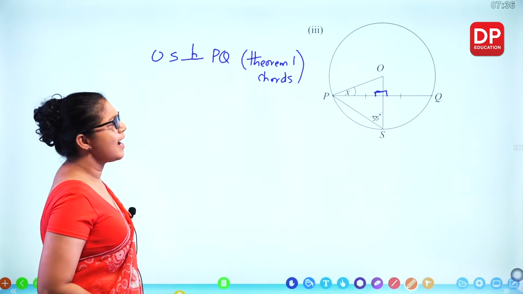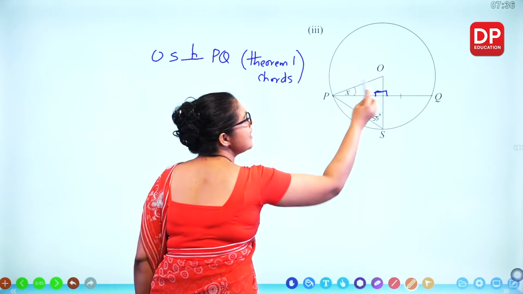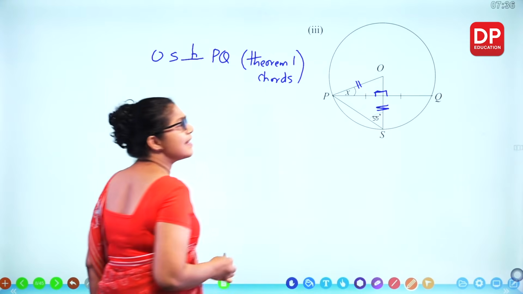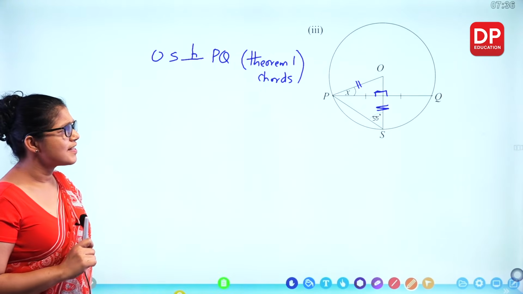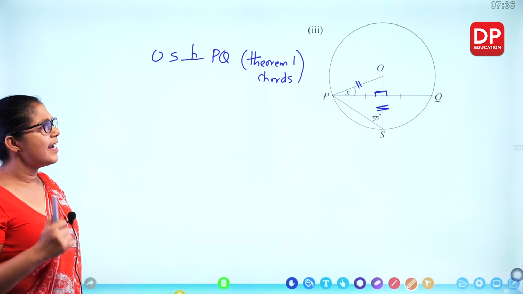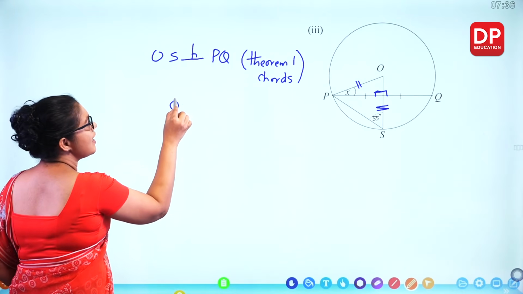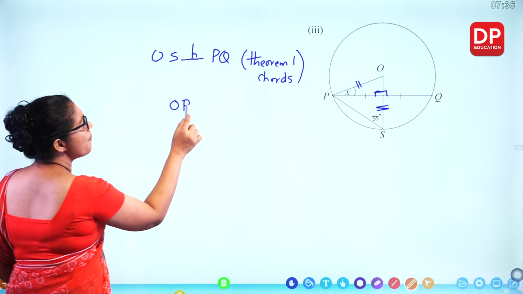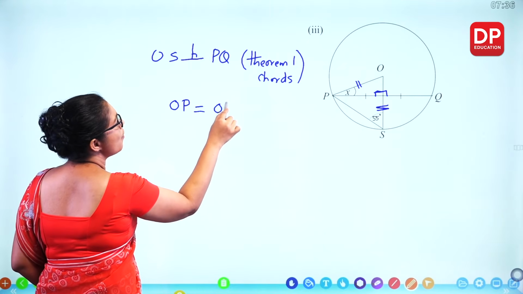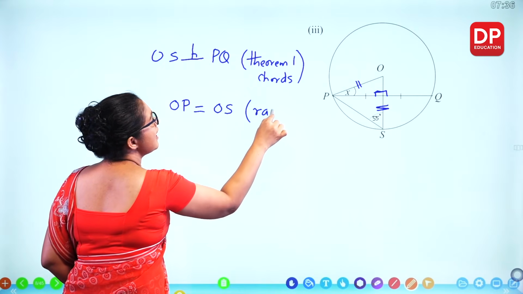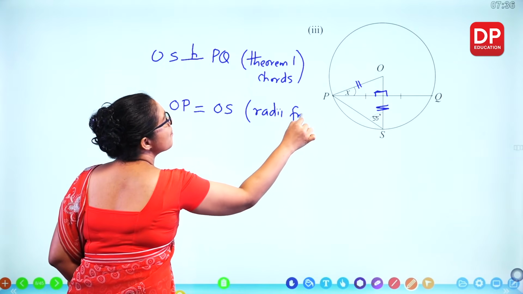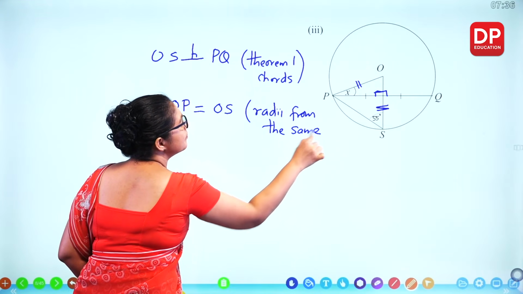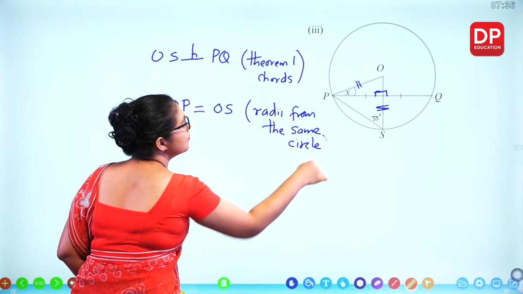And also look carefully. We see OP and OS lengths are equal. Why? What's the reason? Radii of the same circle. OP is equal to OS, radii from the same circle.